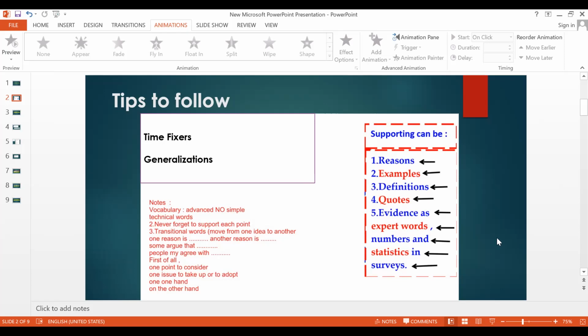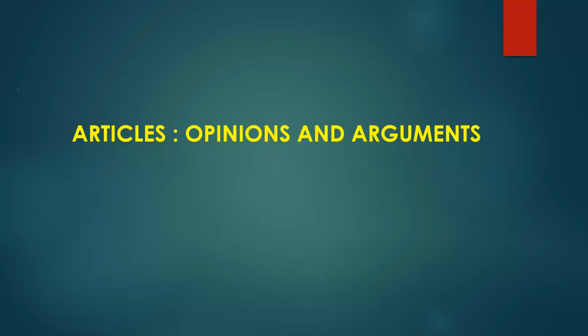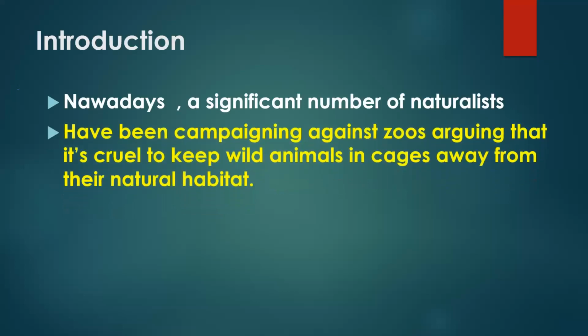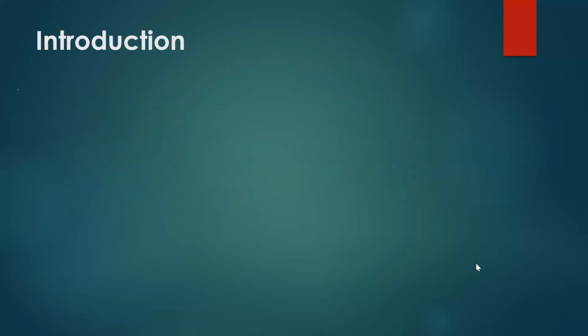We'll see now an example of this article together about animals. Zoos, the question is about whether animals should be imprisoned or captured or sent into zoos. Let's see how we start the introduction.